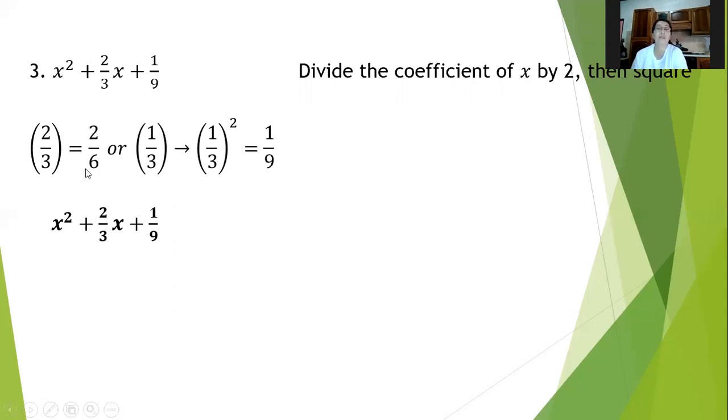They are both divisible by 2. 2 divided by 2 is 1. 6 divided by 2 is 3. Then square. 1 squared is 1. 3 squared is 9. The third term is 1 over 9. x squared plus 2 over 3x plus 1 over 9.